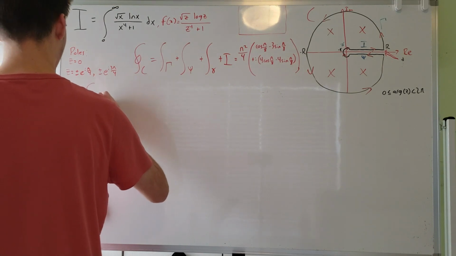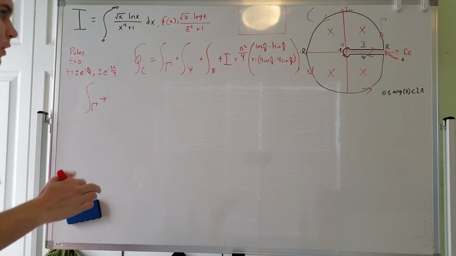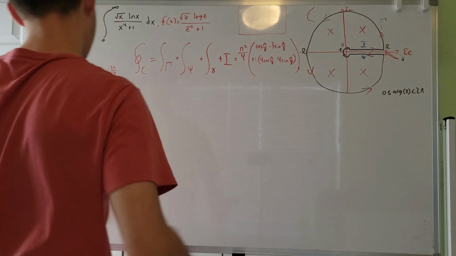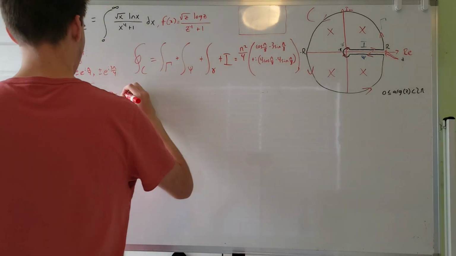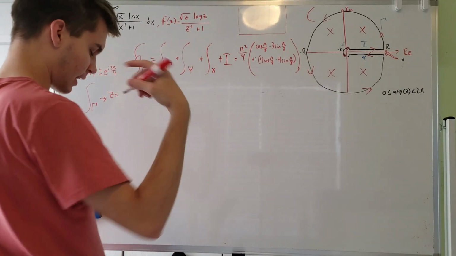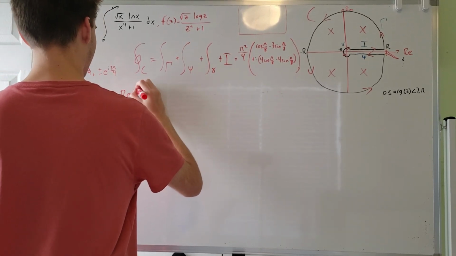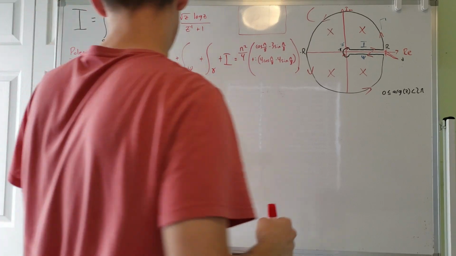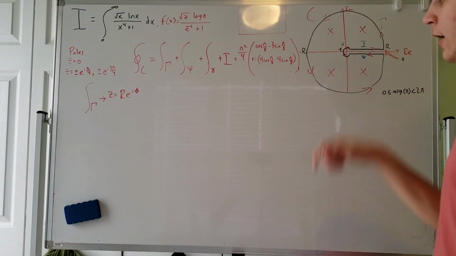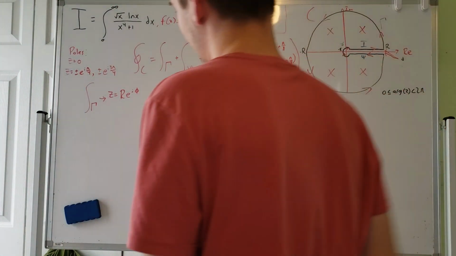So we have the integral over big gamma. So this is a large circle, which means any complex number can be parameterized as re to the I phi. So the reason we have r is because this is a circle of radius r. So just using polar coordinates, that's what you get.